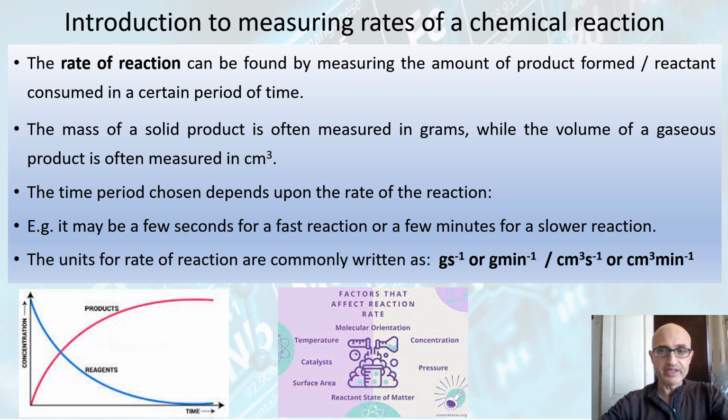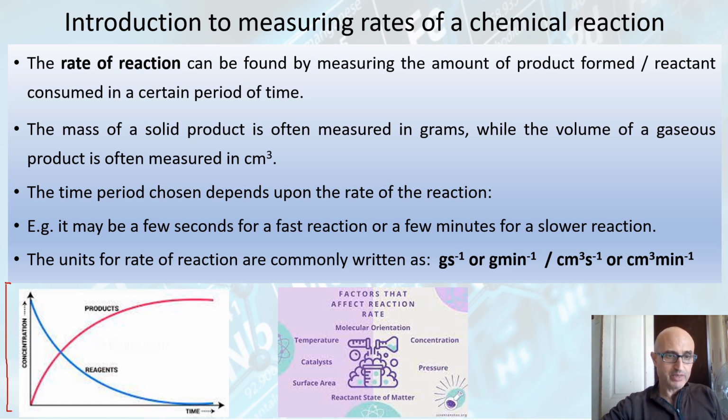So in this slide, we look at how the rate of reaction can actually be measured. And perhaps the graph that you have right here in the bottom left-hand corner, I shall indicate the graph as this one, okay, is an excellent summary of how we can understand a chemical reaction rate.